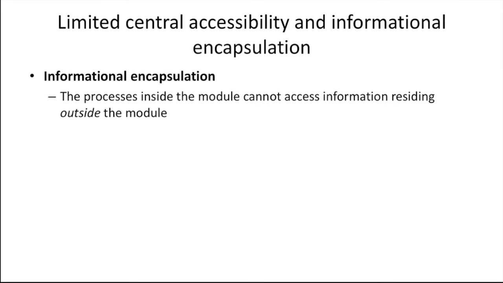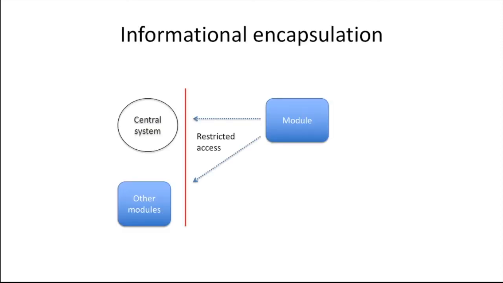So informational encapsulation entails that the processes inside the module cannot access information residing outside the module. In general, they cannot access the information from higher-level systems or from other modules. So, not only is it the case that the central system and other modules cannot have access to a module, but also that the module can't help itself to the information housed in central systems either.